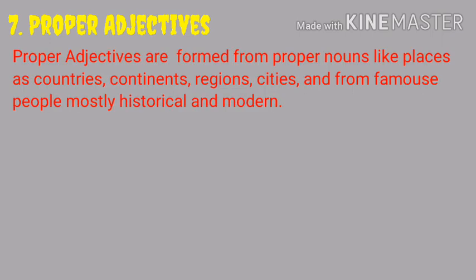Proper adjectives are formed from proper nouns like places, as countries, continents, regions, cities, and from famous people, mostly historical and some modern.